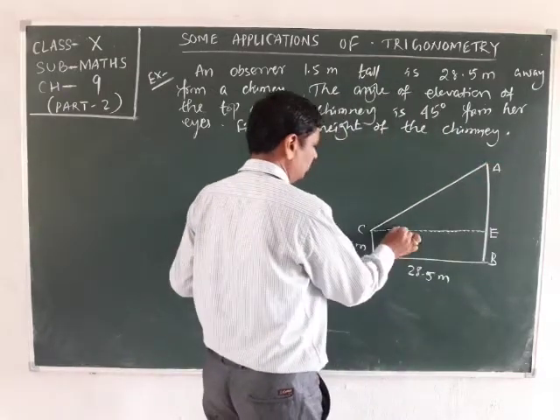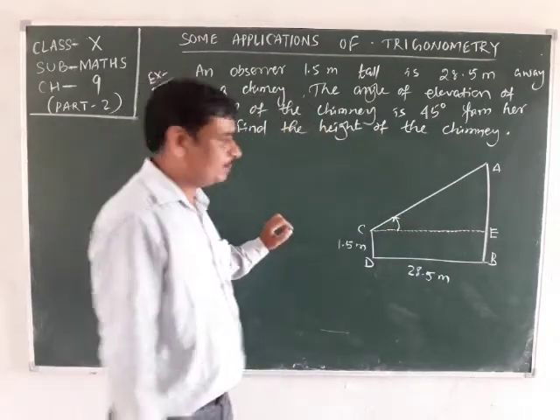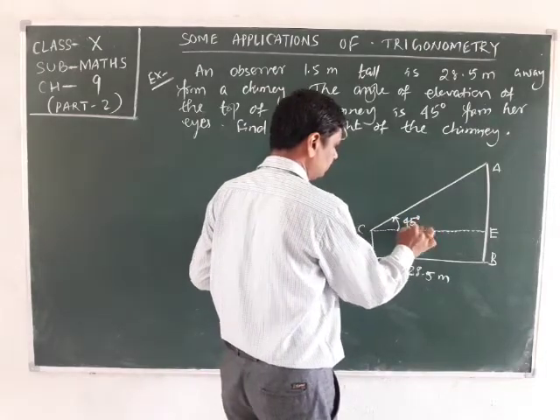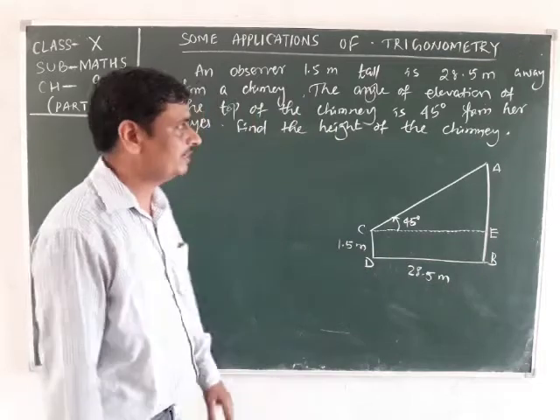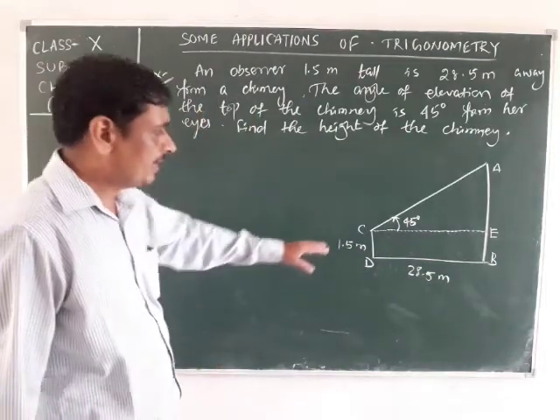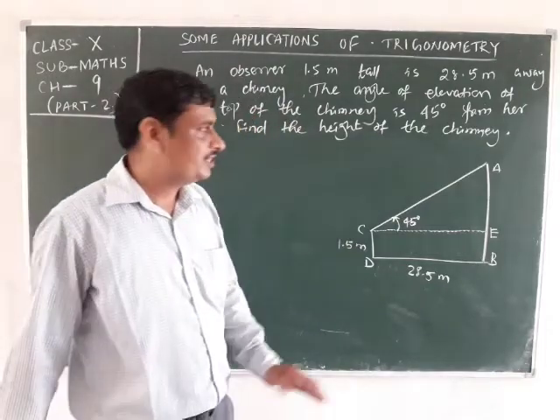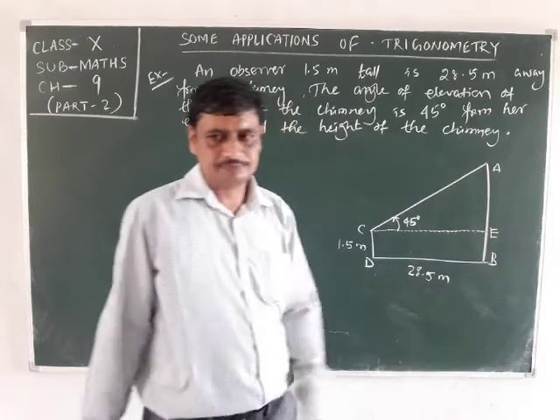That angle is said to be the angle of elevation, given as 45 degree. Here angle ACE is given as 45 degree. That is the angle of elevation from the eyes of the observer to the top of the chimney. Now here we have to find the height of the chimney, that is AB.